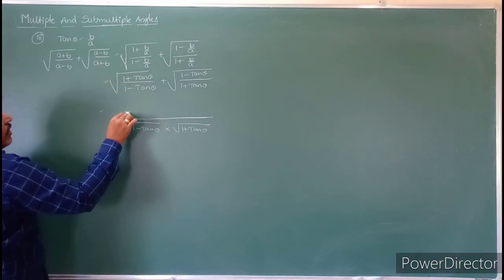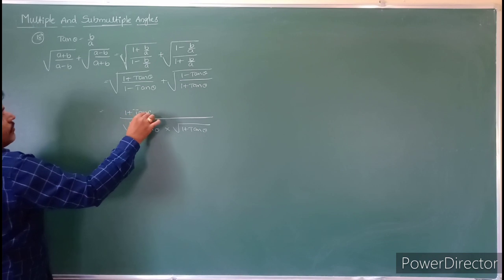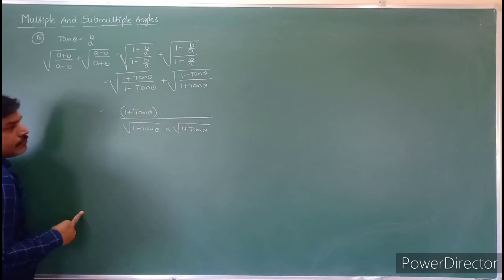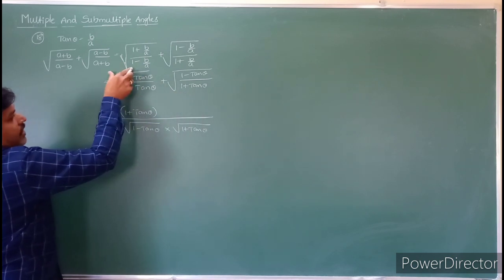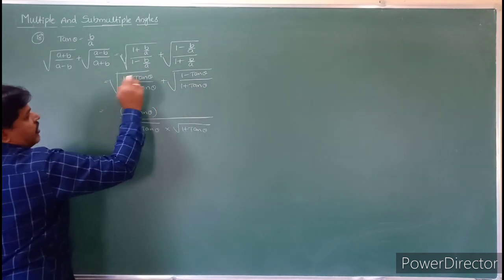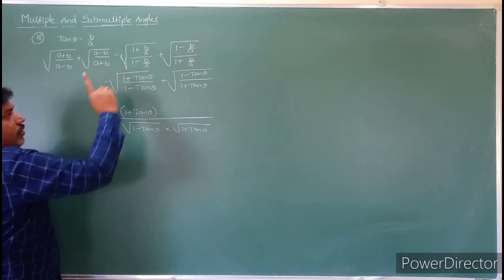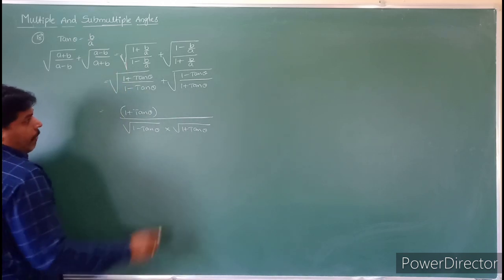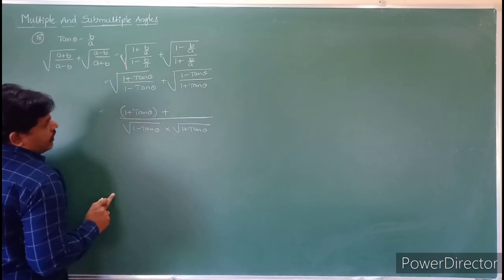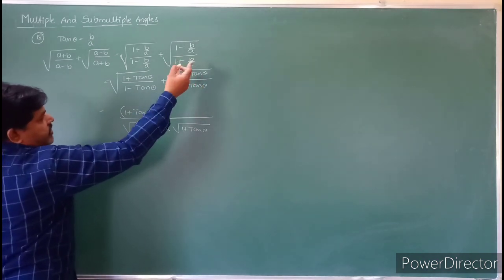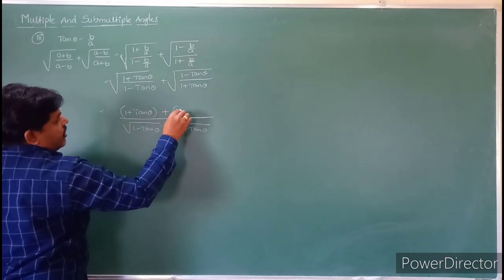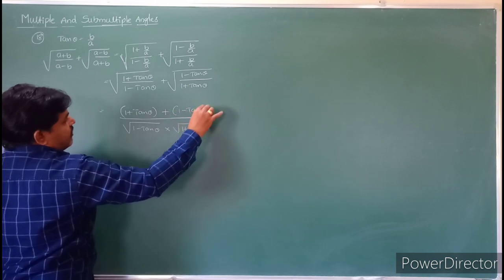It will become 1 plus tan theta. If you take the LCM, 1 plus tan theta into 1 plus tan theta is 1 plus tan theta whole square, and the root will be cancelled. Plus here also 1 minus tan theta whole square under root, so the root will be cancelled. It will become 1 minus tan theta.